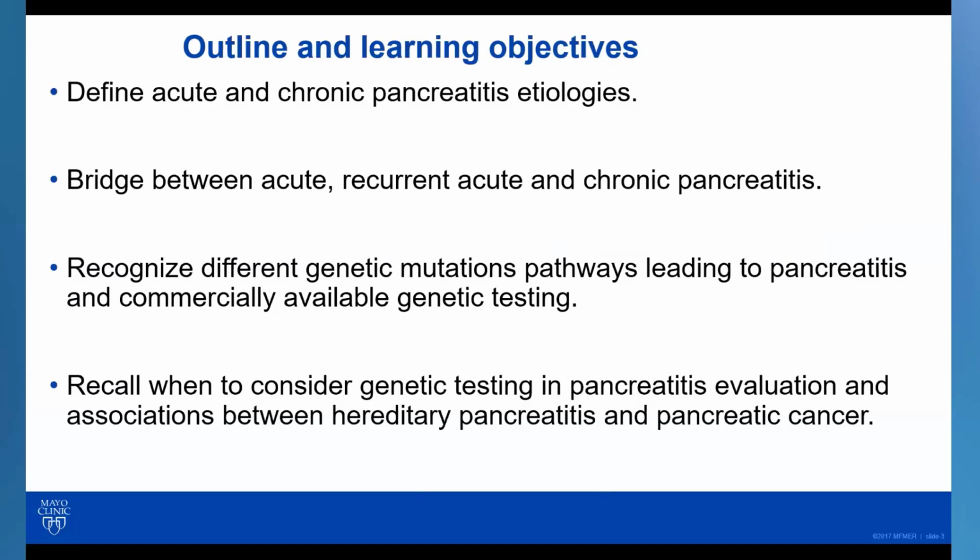Primarily, we're trying to navigate through potential causes and workup for both acute and chronic pancreatitis, then bridging and linking between the entities of acute versus recurrent acute versus chronic pancreatitis, and then focusing at the bottom half of the presentation on different genetic mutations, pathways of how they can cause pancreatitis, and lastly, understand when to order these tests, and at the same time, how they are correlated with other pancreatic diseases, primarily pancreatic cancer.